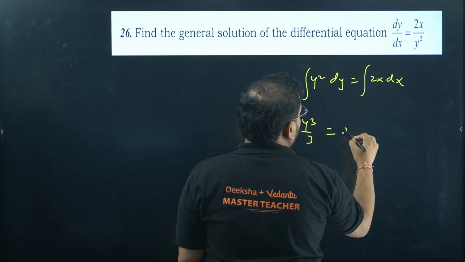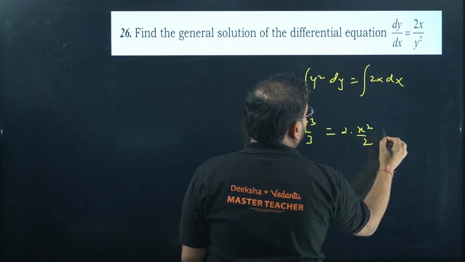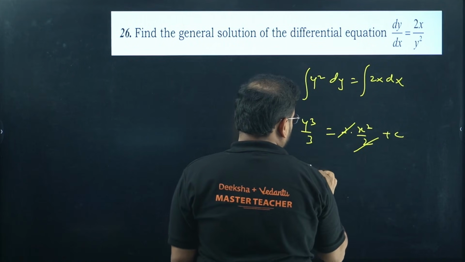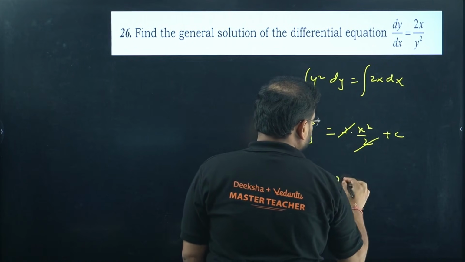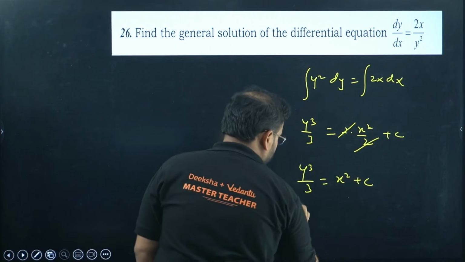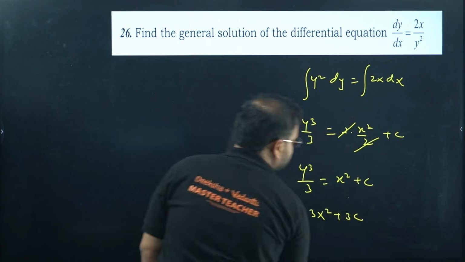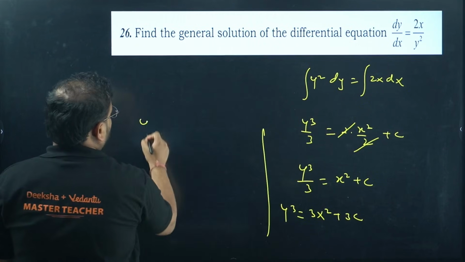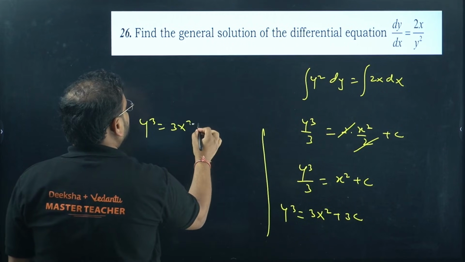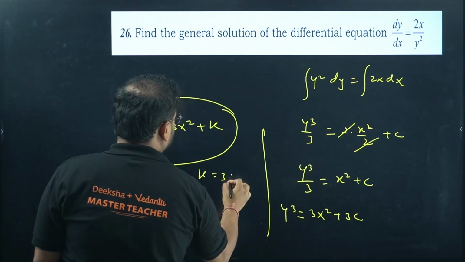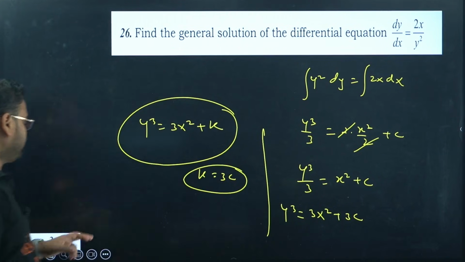I'll get 2 times of x square by 2 plus a constant c. 2 and 2 cancel. So I get y cube by 3 equals x square plus c. Y cube equals 3x square plus 3c. So y cube equals 3x square plus a constant k, where k equals 3c. That's your answer.